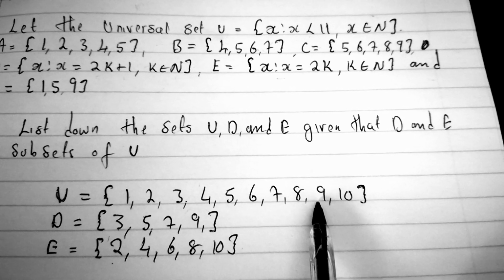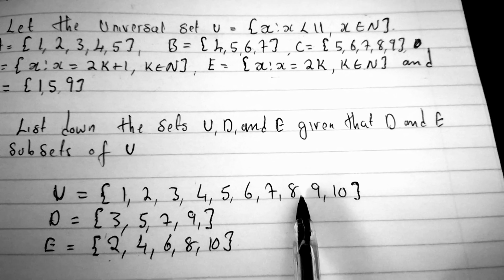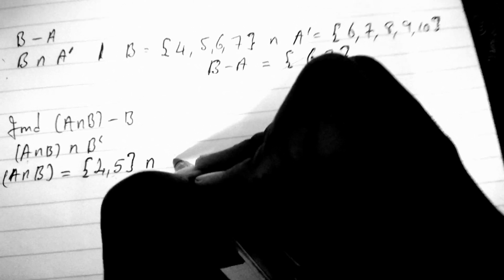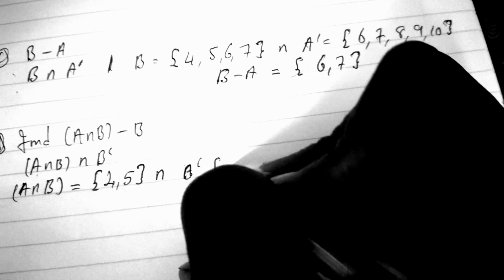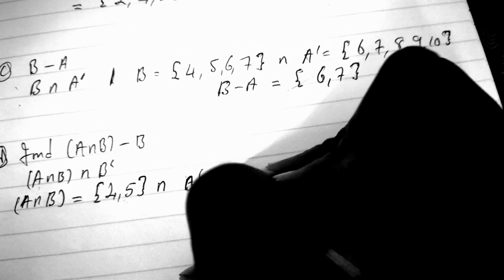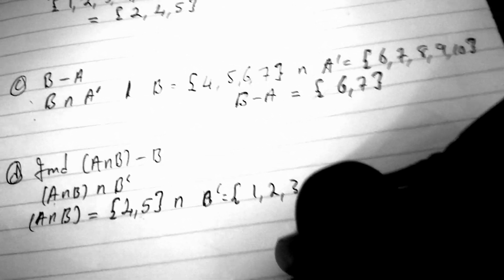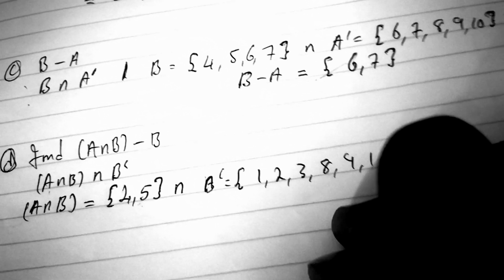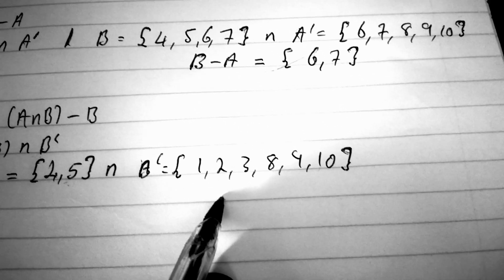So meaning our complement set will consist of the elements 1, 2, 3, 8, 9, 10. So I'll write it down. I'll say my set B complement is going to have 1, 2, 3, 8, 9, and 10. This will be my B complement. These are there in the universal set but are not part of the set B.